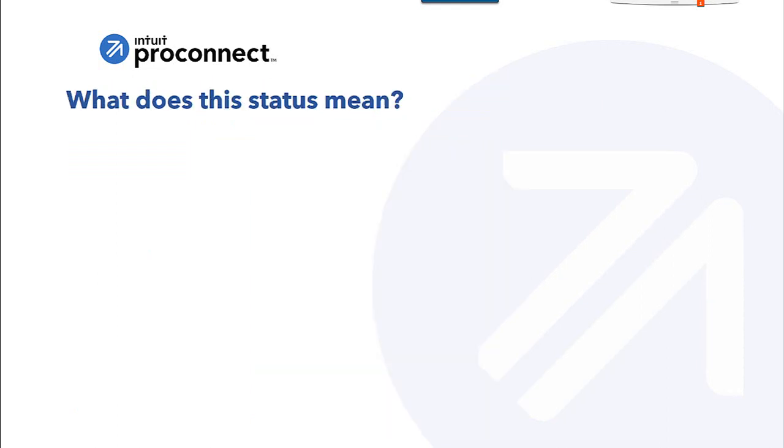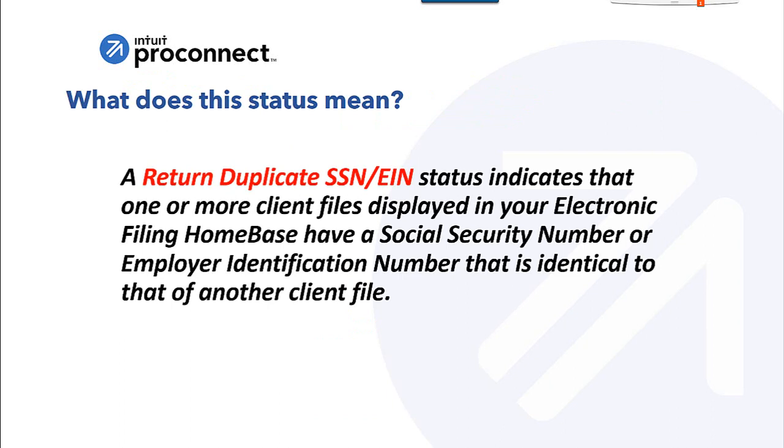First, let's look at what the Return Duplicate SSN EIN status means. This status indicates one or more client files displayed in your electronic filing home base have a Social Security number or employer identification number that is identical to that of another client file also displayed in your electronic filing home base.